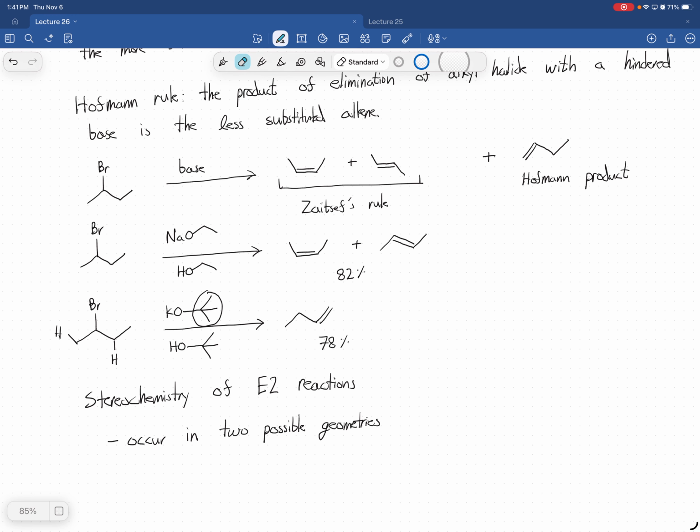The base strength doesn't matter. So in E1, if you have, say, water as the base, it will always favor the more substituted alkene, because the base is not hindered, so it won't factor into this scenario. This is just for E2 because that's when the base strength is important.